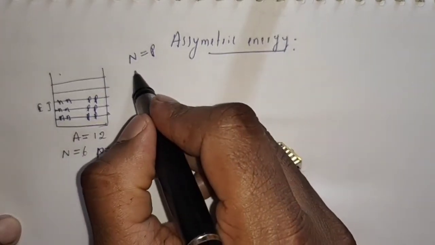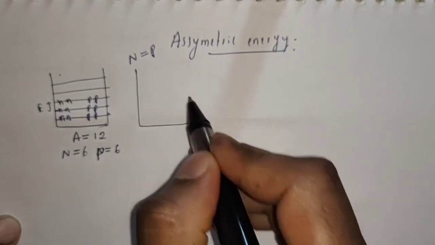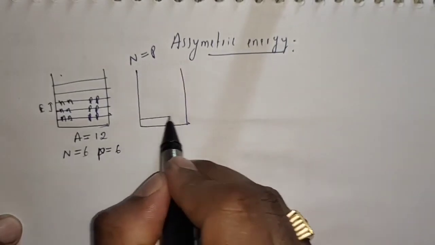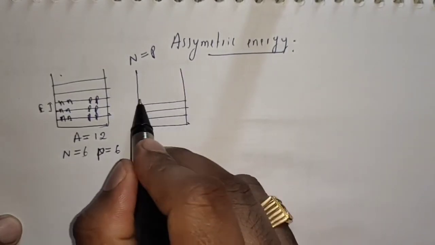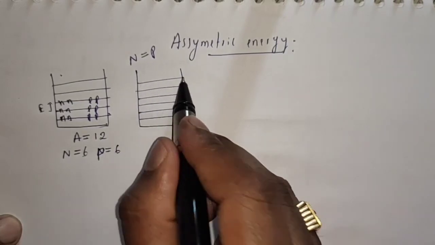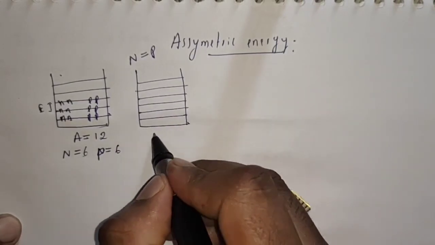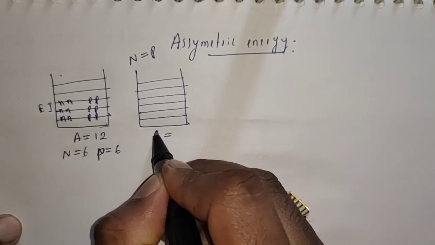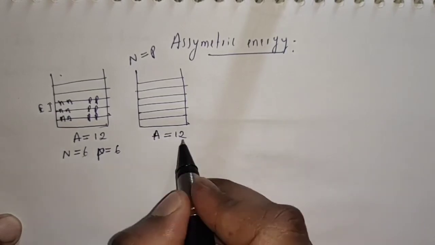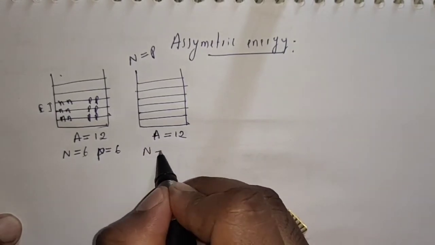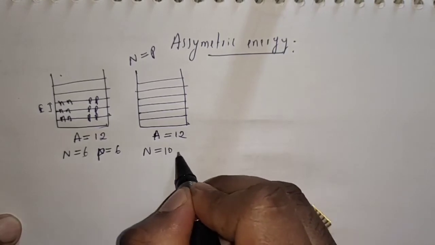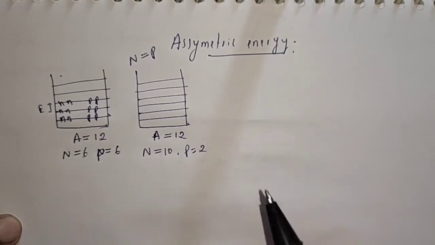And also I am going to consider another nucleus, with different energy levels, whose mass number is the same, 12, but the neutron number is 10 and the proton number is 2.